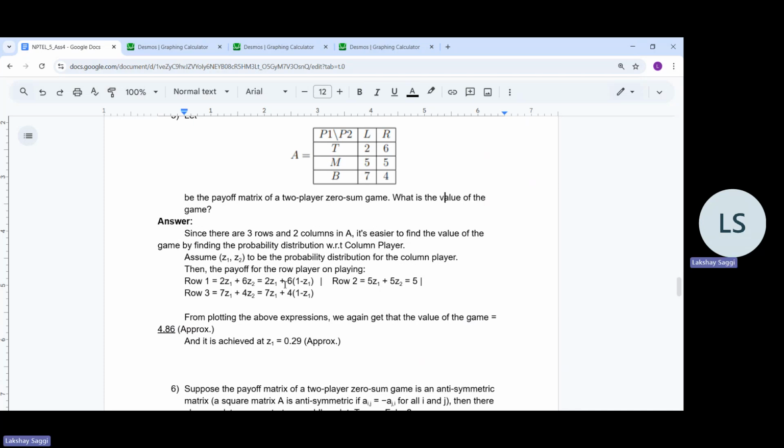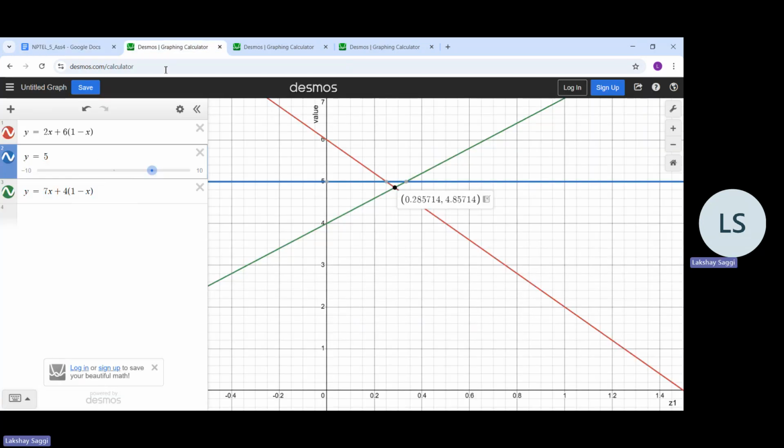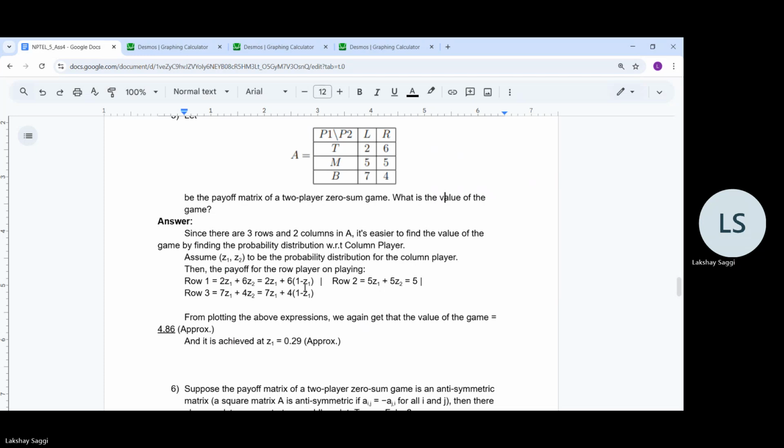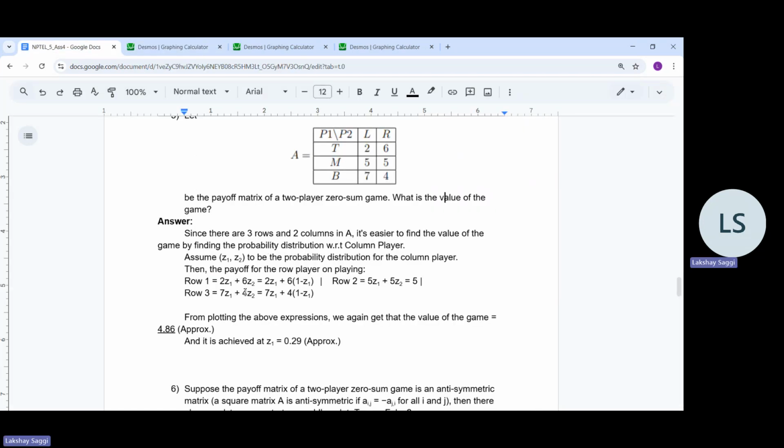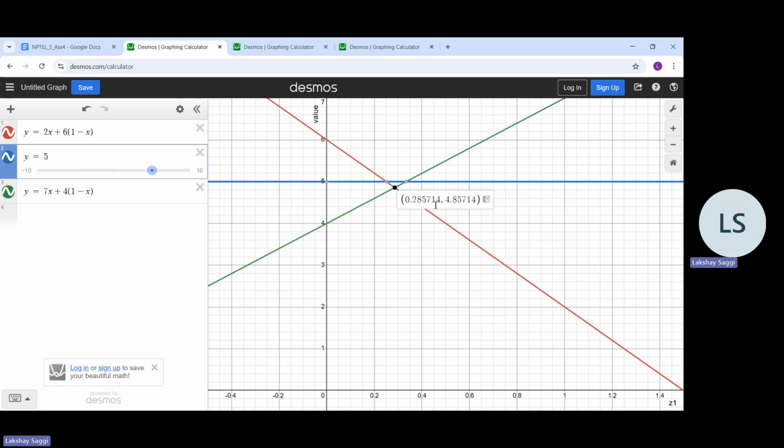Okay, I just want to check whether I have done this right. 2x plus 6 times 1 minus x. And this is 5. And the third one is 7x plus 4 times 1 minus x.